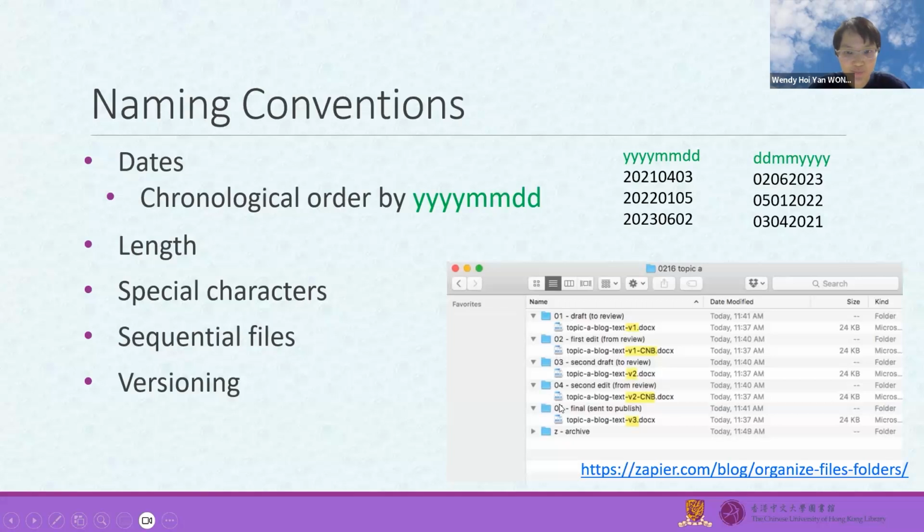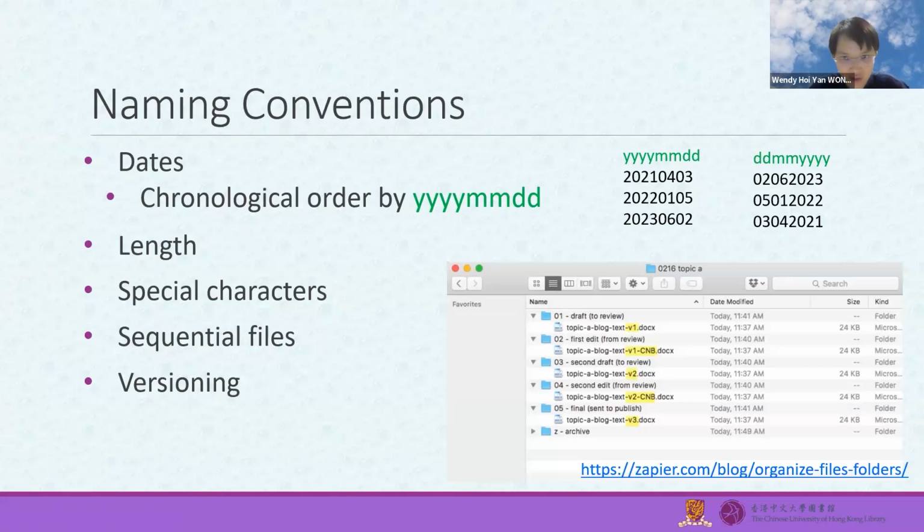If you have single digits, it is best to have 0 before, because it can be differentiated from the tens, for example, 11, 12, 13.